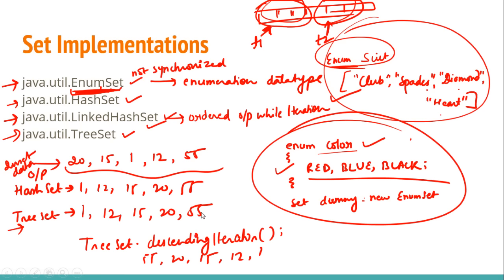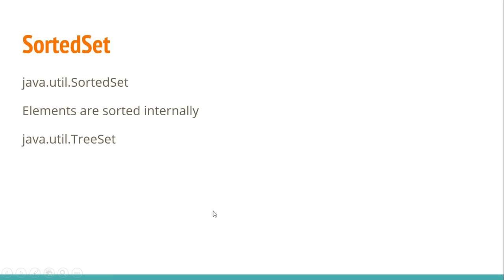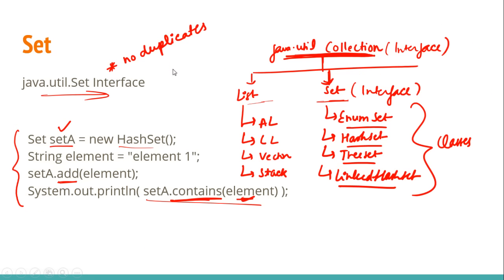Now moving on to the next slide that we have, that is sorted set. Now sorted set is another interface which is part of set. If I would have to design it in a hierarchy, I would say sorted set is another interface and tree set is the class that implements this sorted set interface.